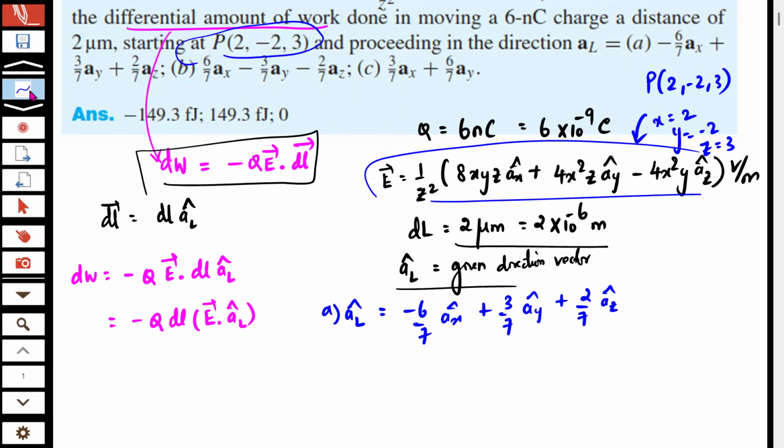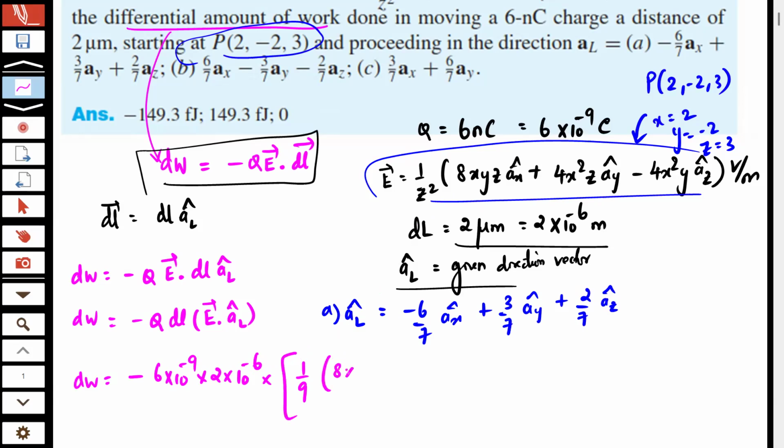The differential amount of work done, dW, can be given as minus Q. Charge is 6 nano, 6 into 10 power minus 9, and the magnitude of length is 2 micro, then multiplied with E vector dot aL cap. So this we have to write, which is 1 by z square, which is 1 by 9, and I will be writing 8xyz.